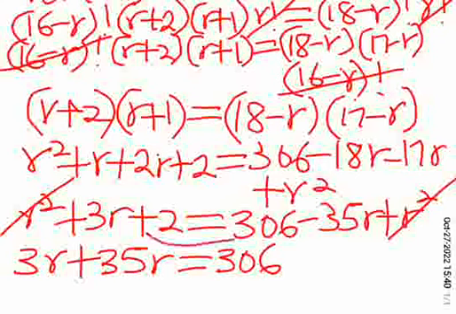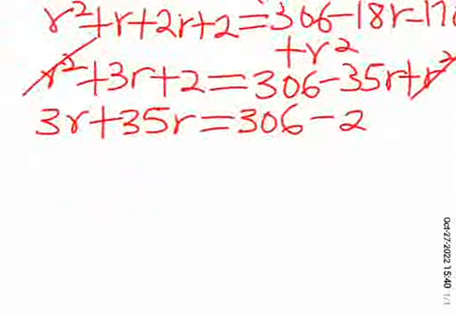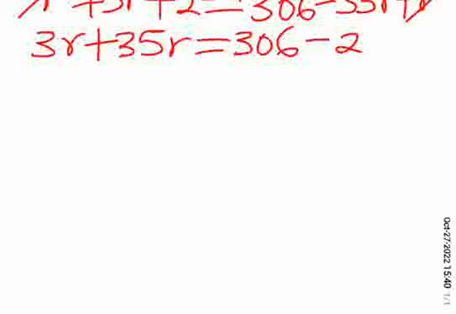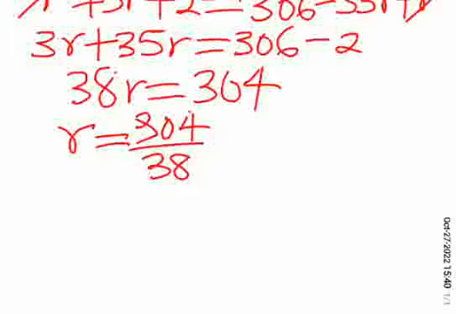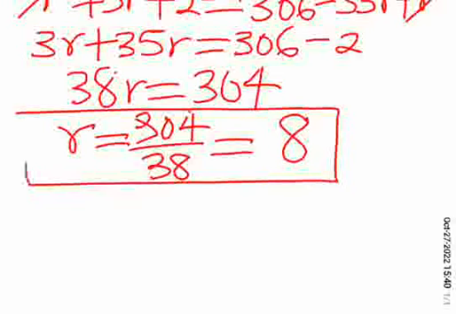When the 2 crosses to the other side, that is minus 2. So in the next step, we're going to have 38R equals 304. And then dividing both sides by 38 will give us R equal to 8. So the value for R is equal to 8.